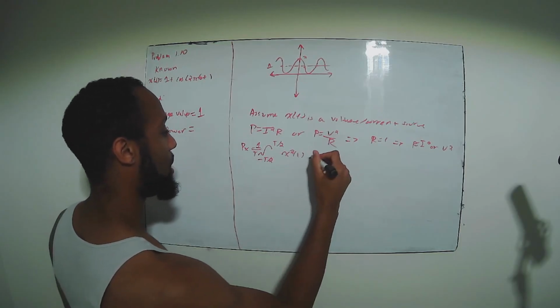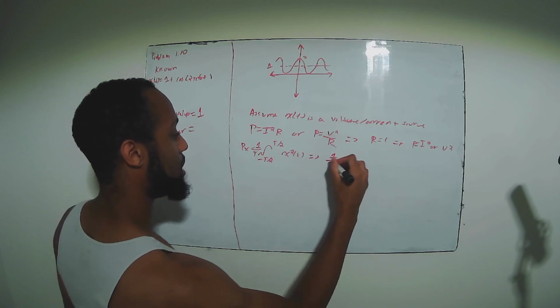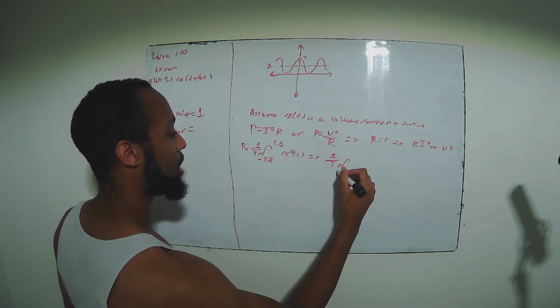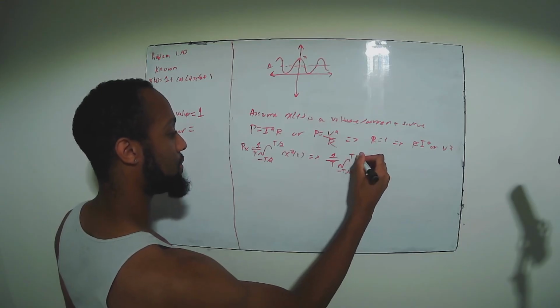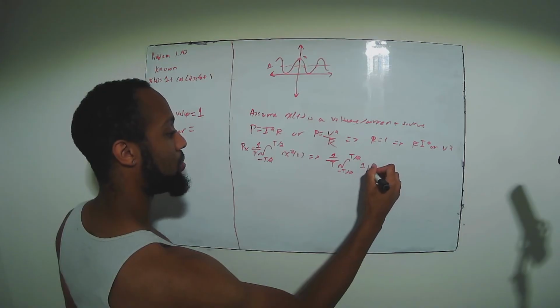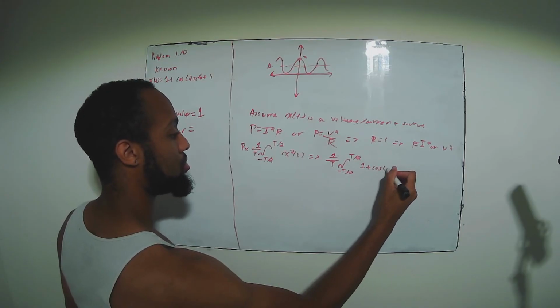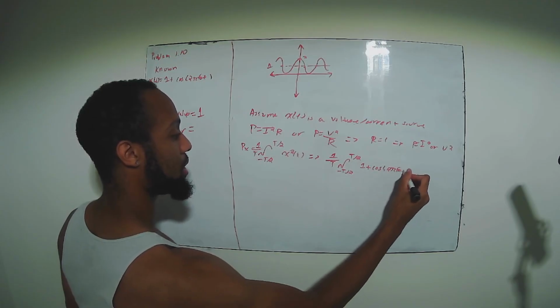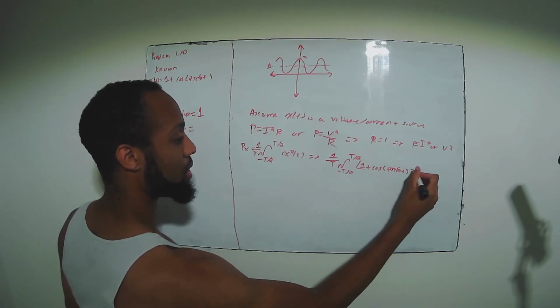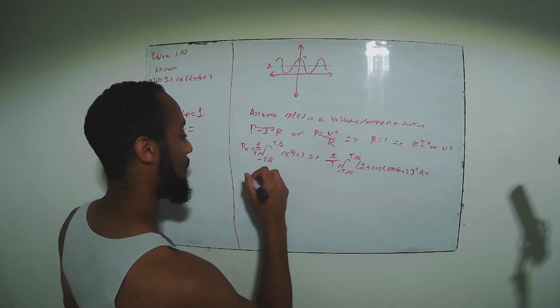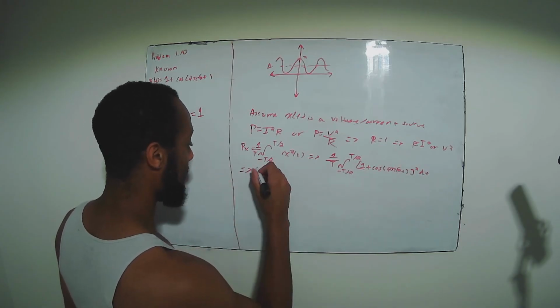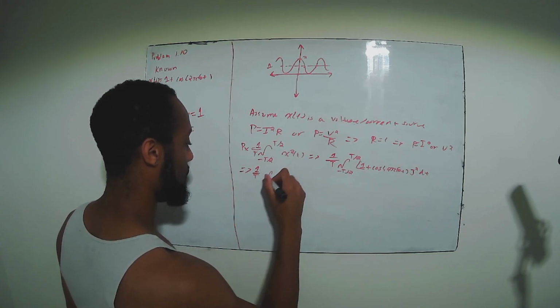So we're going to do 1 over T times the integral from minus T over 2 to positive T over 2 of (1 plus cosine 2 pi f naught t) all squared dt. So over here I want to just go ahead and write out the square of it.